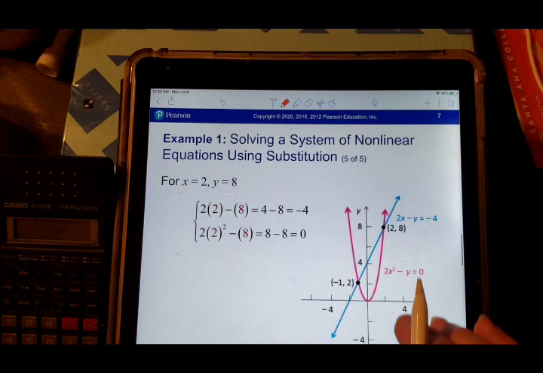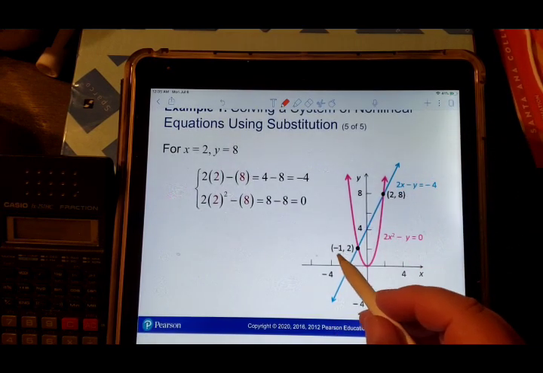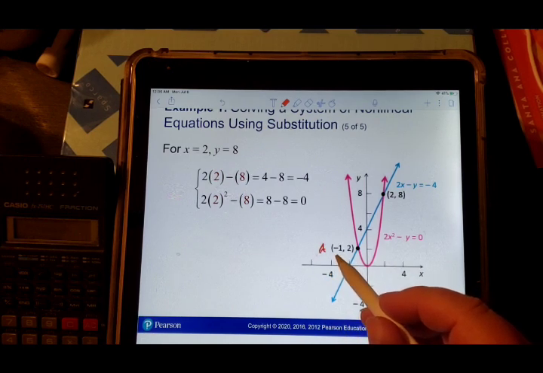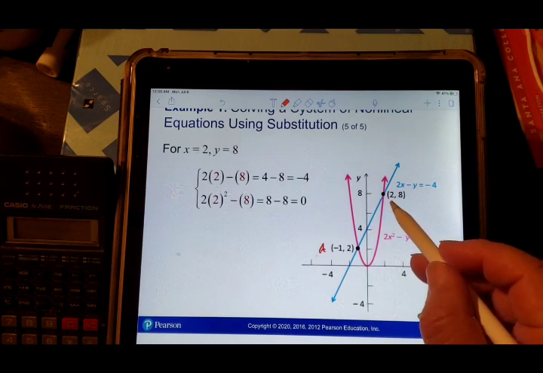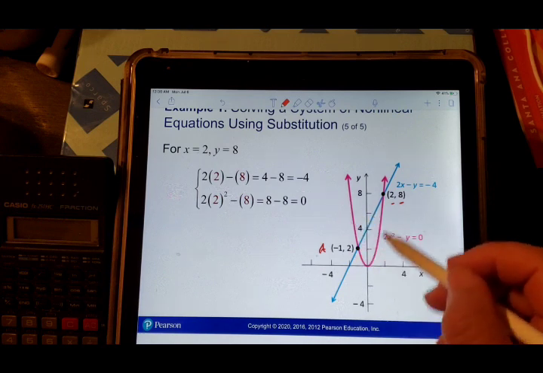Then we get to the final picture, which the author showed on an earlier page. But remember, the point I called A, we knew x was -1, we found out y was 2. And we knew x was 2, we found out y was 8.